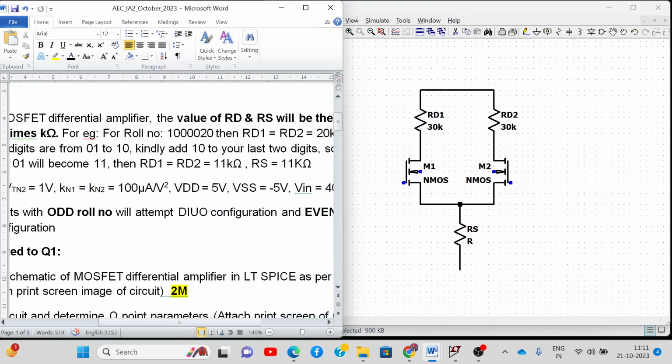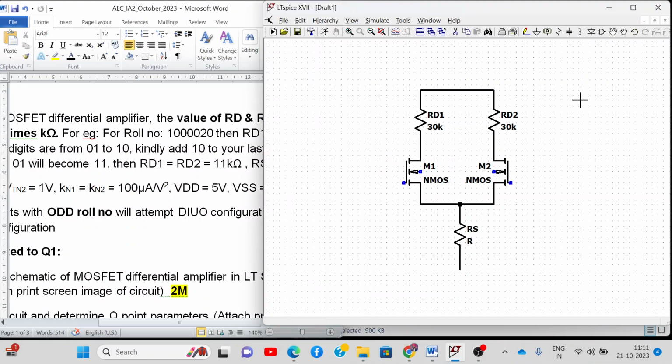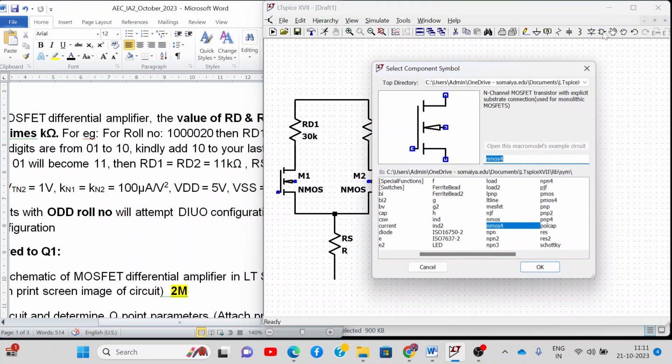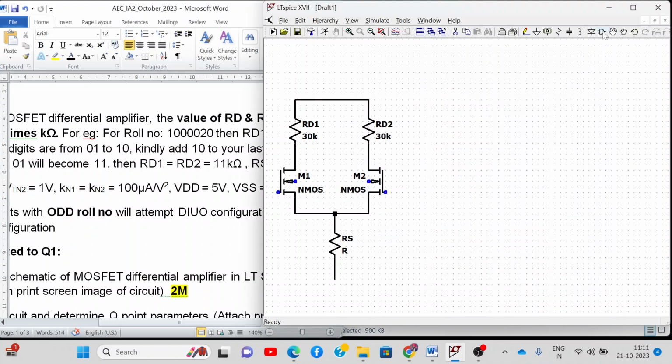Now I require plus VDD, plus 5 and minus 5. So how to connect this? Go to components, select voltage, place one voltage over here, and place another voltage over here. Then the upper terminals, you just connect them together like this. The middle one will be the ground, so here will come the ground.